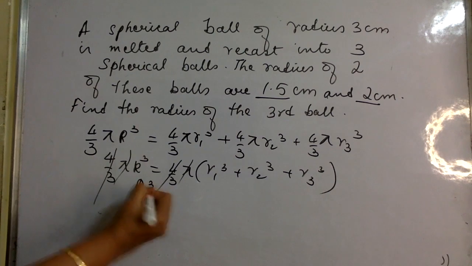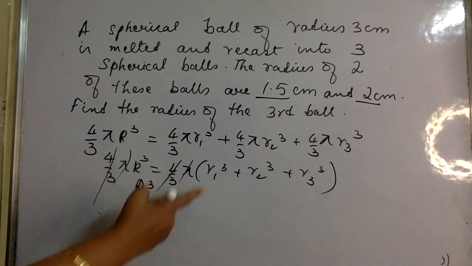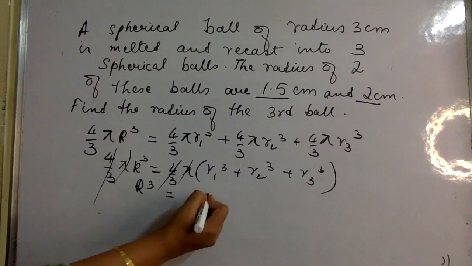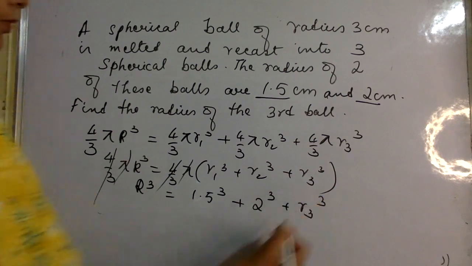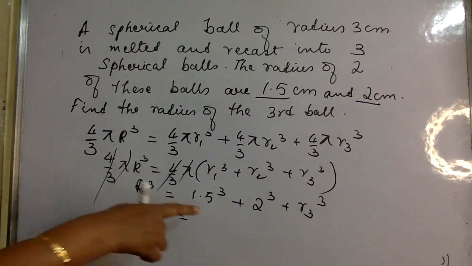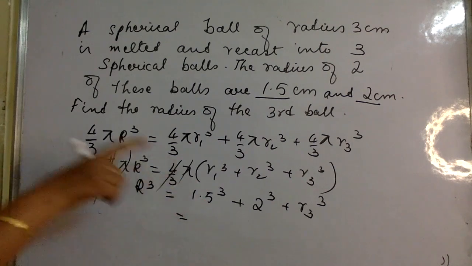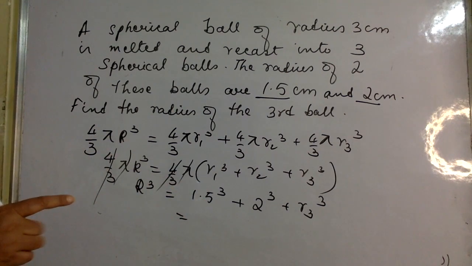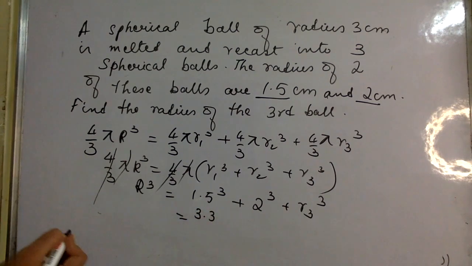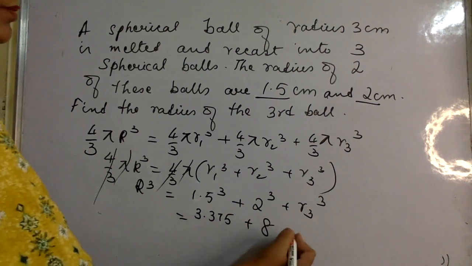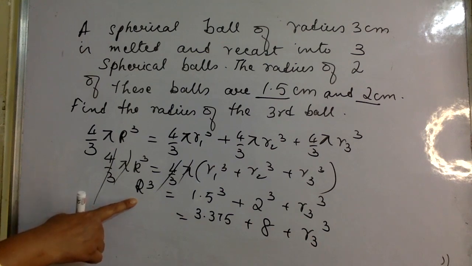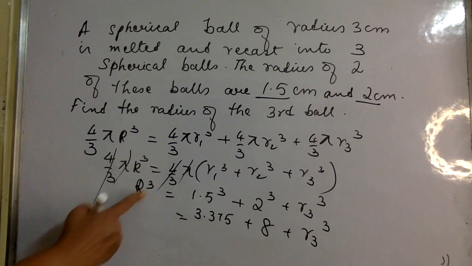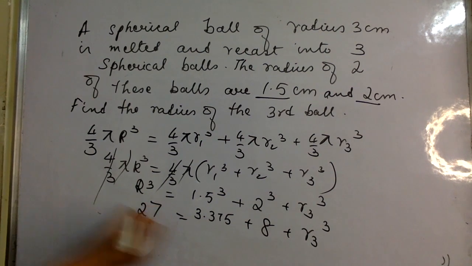Come to R cube, which is equal to r1, I'll substitute 1.5 cube because it is already the radius, plus the other one is 2 cube plus r3 cube. This is r1 cube. If you multiply 1.5 into 1.5 into 1.5, that gives me 3.375. Plus 8 plus r3 cube, and here what will I put? The radius of the big one was 3, so I will put here 3 cube, which is 27.